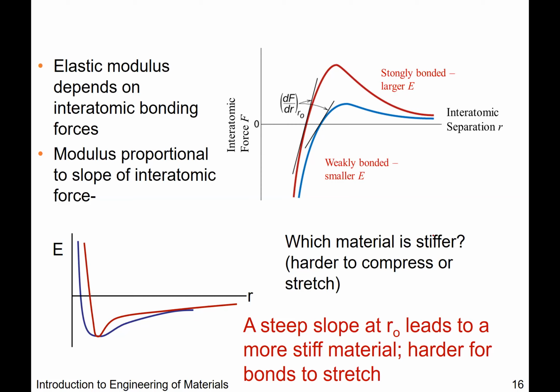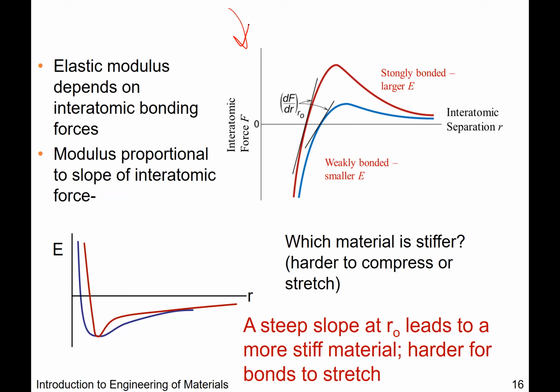So here you see the blue curve and the red curve for the bond energy as a function of interatomic distance r. When we take the first derivative, we get the force F, and that's shown in this plot here.